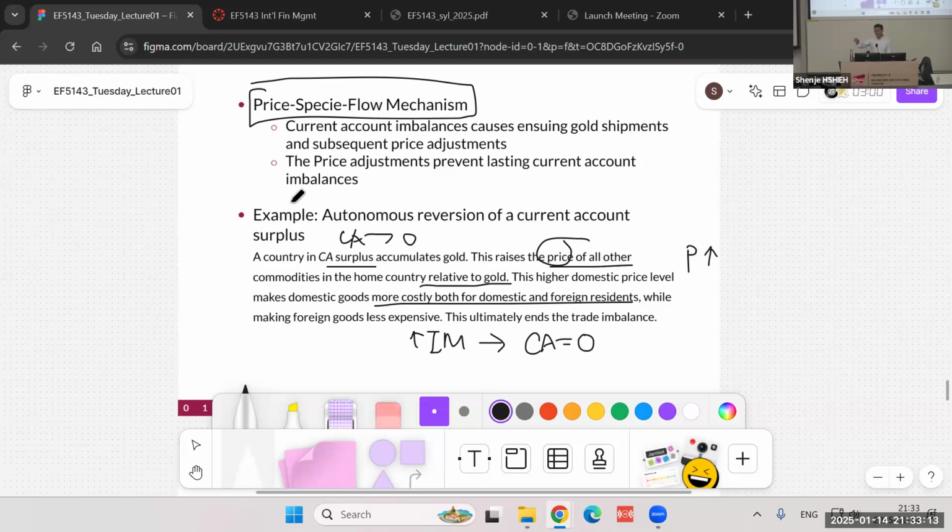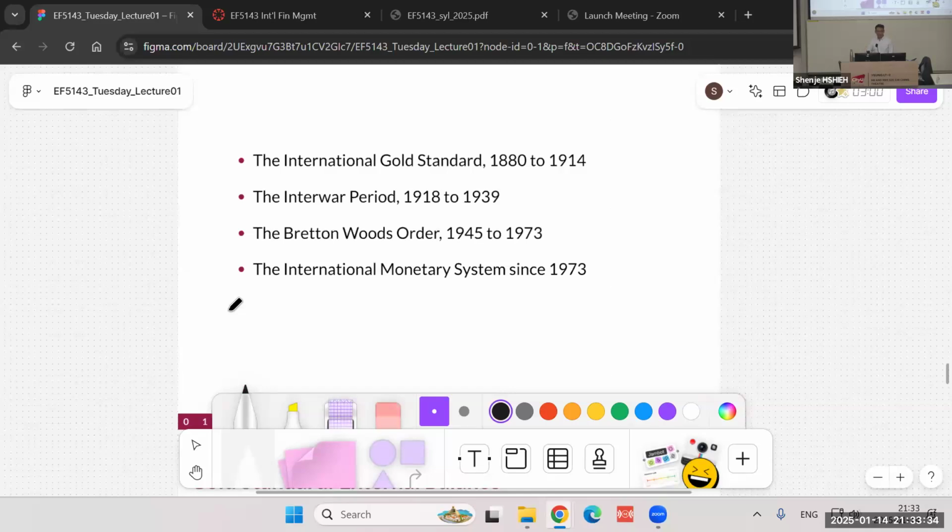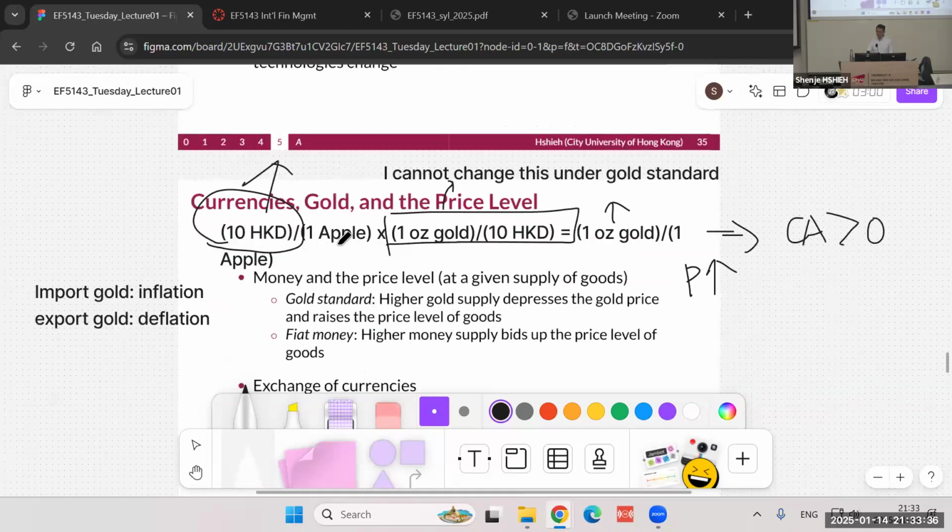So if we have a deviation away from the current account, so this is the exercise here. If we have a deviation away from the current account in a positive direction, so let's say there's a surplus of exports, that means that other countries are bringing gold into your country, there's import of gold, and that's going to cause inflation. We learned that we should be convinced that this is true with the Apple example, right? You bring gold in, more gold chasing the same amount of goods and services, domestic prices must rise if I cannot change the convertibility of gold and domestic currency.